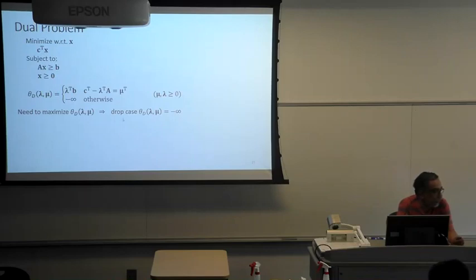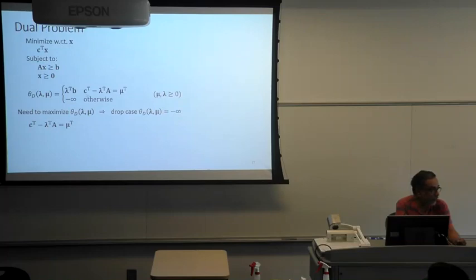Okay, so since we want to maximize this, we will drop this case. We will try to maximize with respect to lambda and mu now, right? Lambda and mu are the variables, and we want to maximize theta d of lambda and mu. So we'll just ignore this case. So this condition must hold. What other conditions do we have?